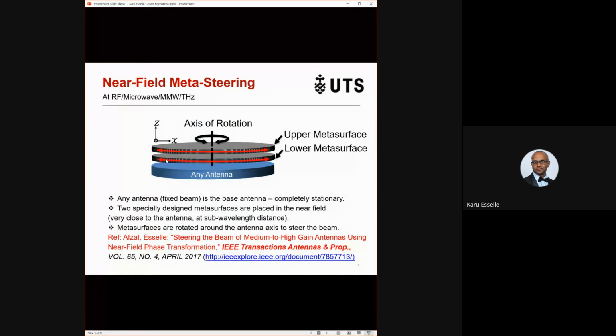Phase shift here is smaller, phase shift here is large. It should give a prism-like phase shift, a spatially linear phase shift with a linear gradient or a linear slope of the phase shift. So what it does is it actually transforms the antenna phase, the near field phase, to something else.